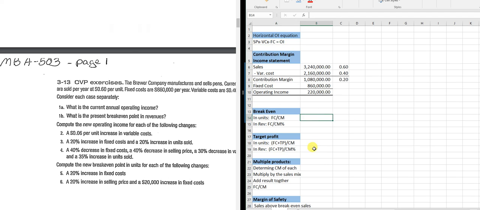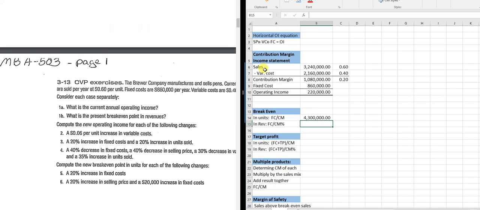Or I can take my shortcut here. It's fixed costs, 860,000, divided by my contribution margin. I'm going to do both break-even in units and break-even in revenues. So my break-even in units, fixed cost divided by contribution margin per unit, is that many units.